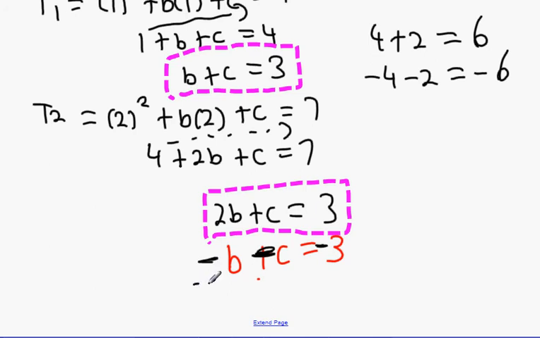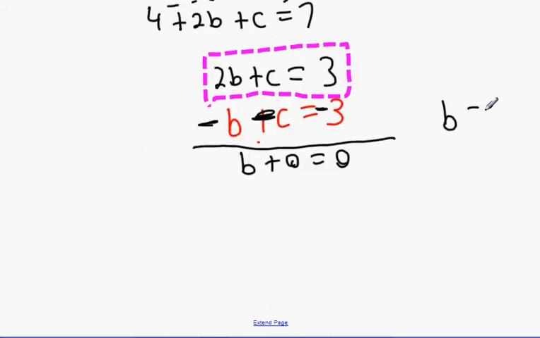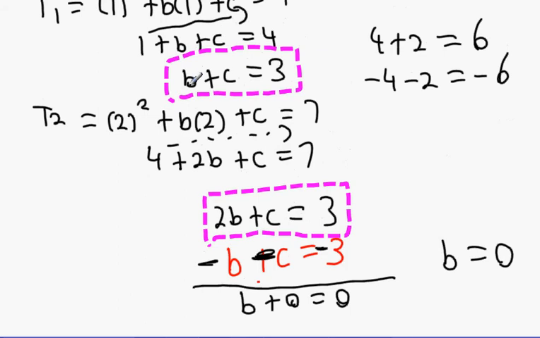Now you can add directly downwards, and you should get b plus 0 equals 0. You should get b equals 0. Because we know b equals 0, we go back to the top, replace b with 0. 0 plus c equals 3. What does c have to be equal to? C is equal to 3.